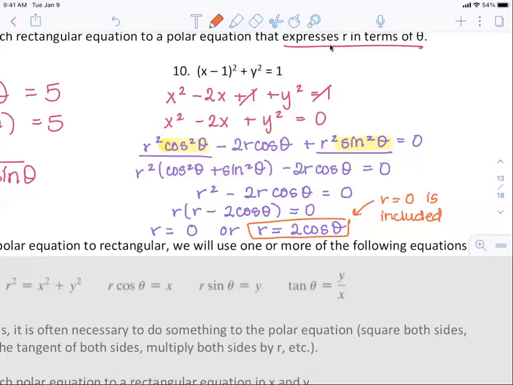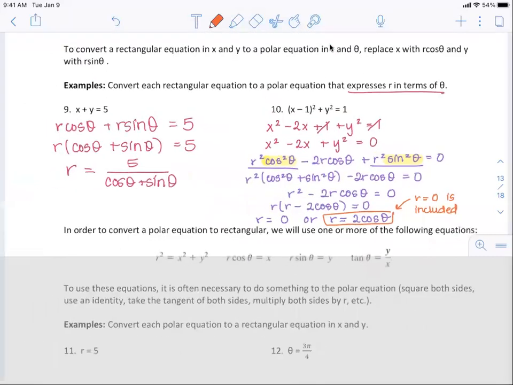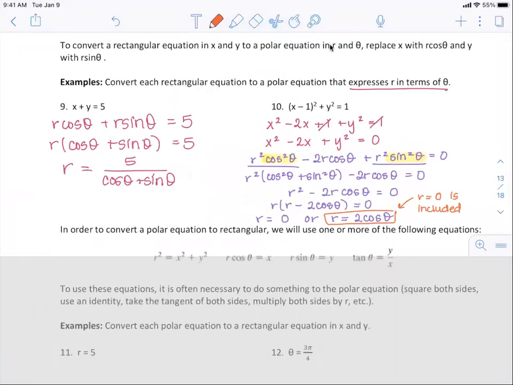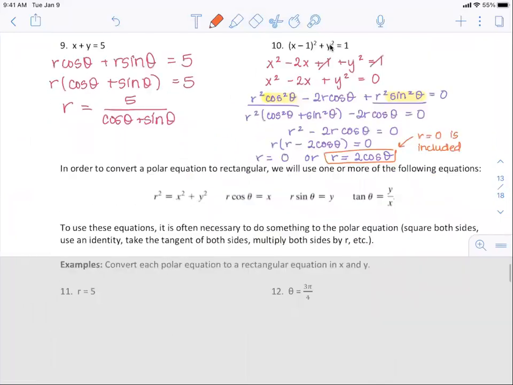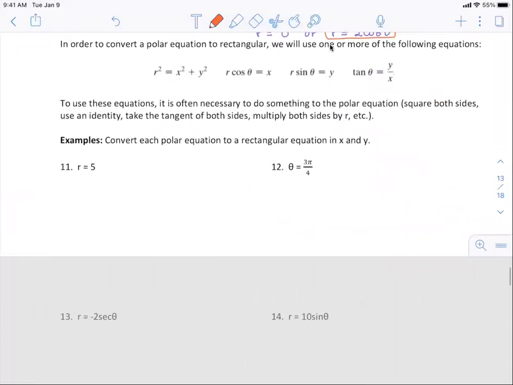Okay, now going from rectangular to polar is fairly simple comparatively. Going from polar to rectangular is a little bit more of a puzzle. And so in order to convert in that direction, we want to use one of these 4 relationships.